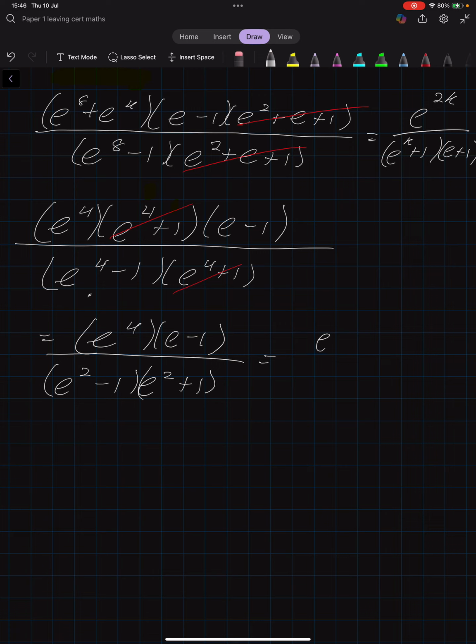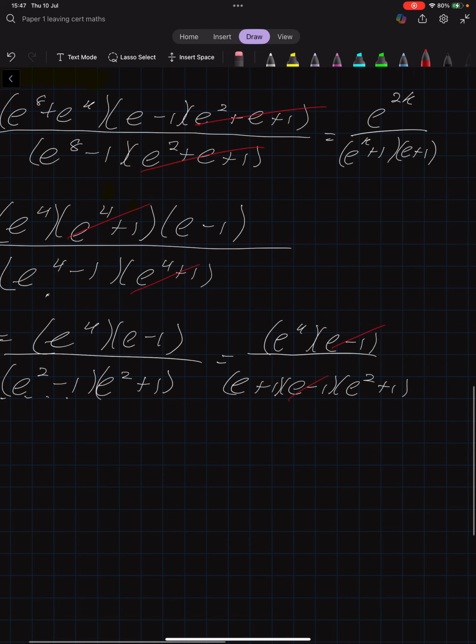And again, that simplifies down even further to e plus 1, e minus 1, e squared plus 1. Because again, this is another difference of 2 squares. Okay. And now this will cancel with this.